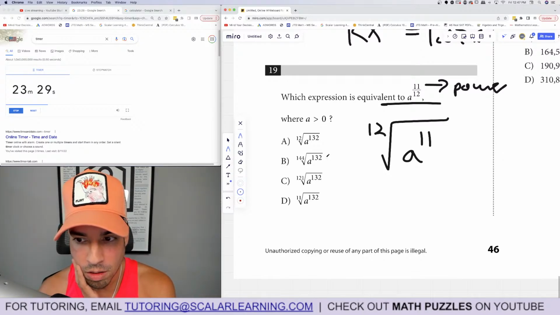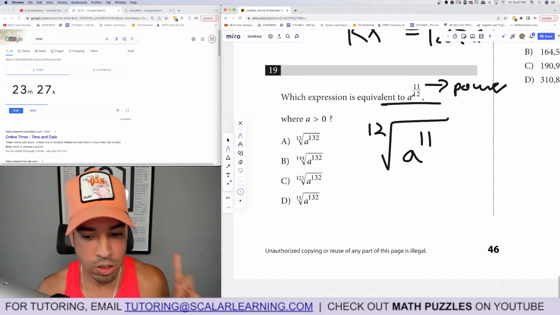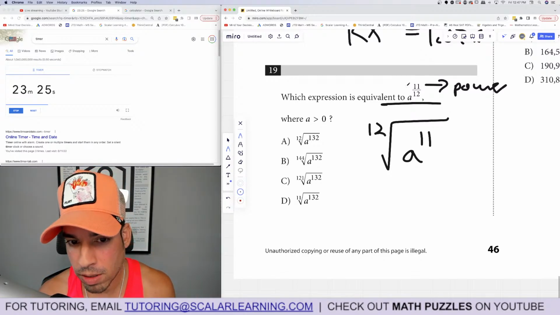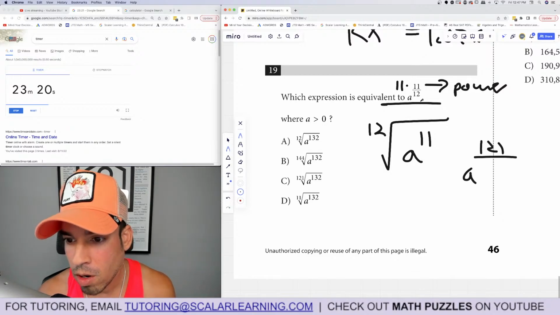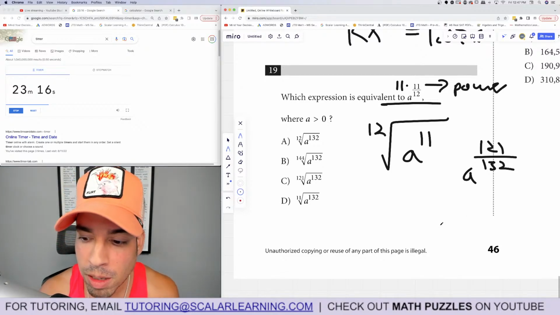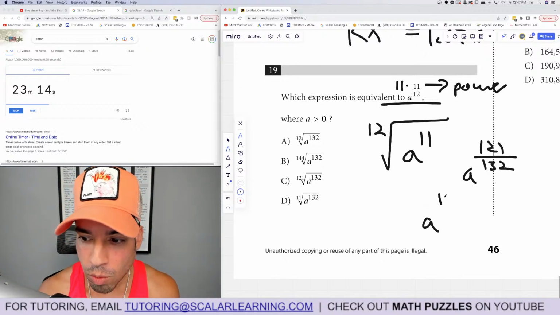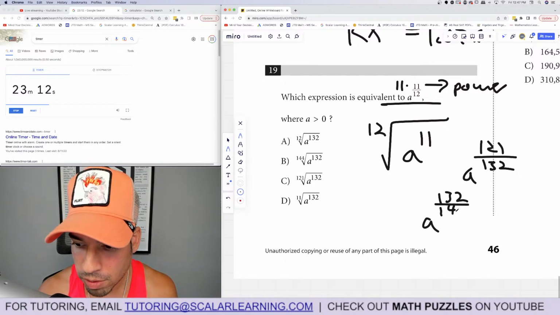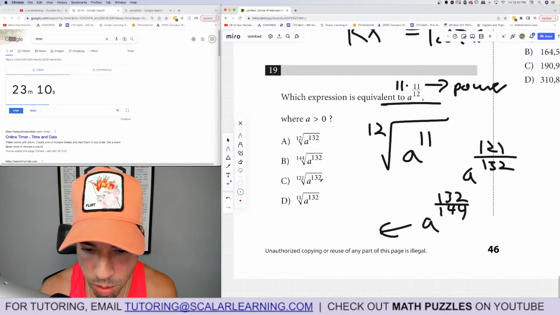Wait a minute. Okay, let's do this. They either multiplied by 12 or 11, and that's how they're getting these equivalents. So let's do this first. It would be 121 over 11 times 12 is 132, right? If I multiply top and bottom by 12, I get 132 over 144. So then we'll convert these two, because that's what I'm seeing with these numbers.